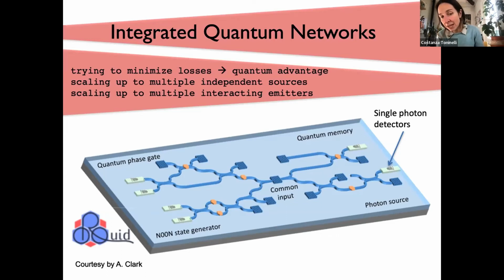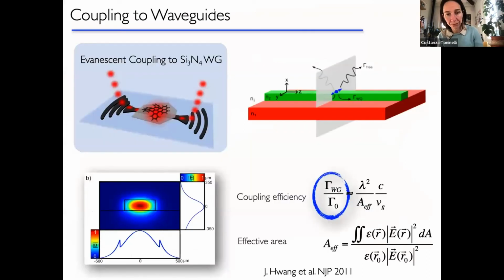Well, my take on this is that if you really want to scale up the number of quantum emitters on chip, you cannot afford a free space type of operation, and you would like to have a miniaturized integrated photonic chip. This is also a way to minimize losses and to have different functionalities all on the same ground. Okay, this is why we want to do that.